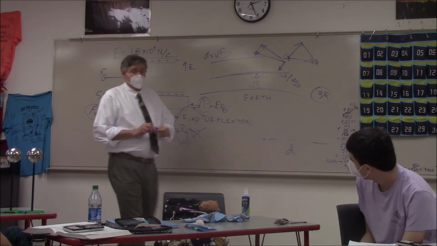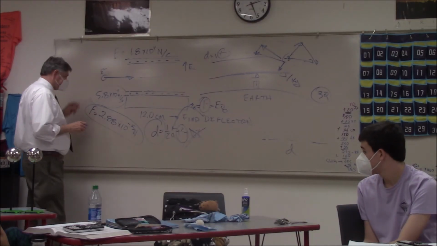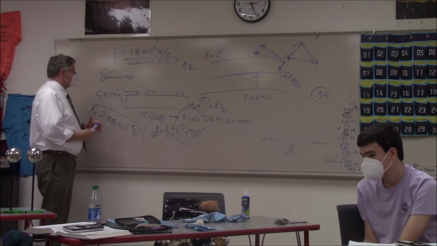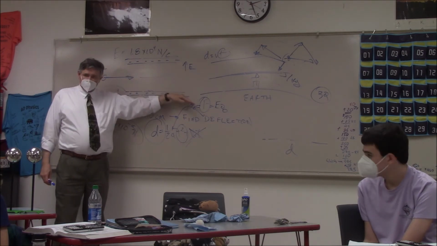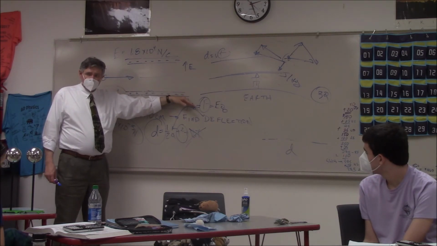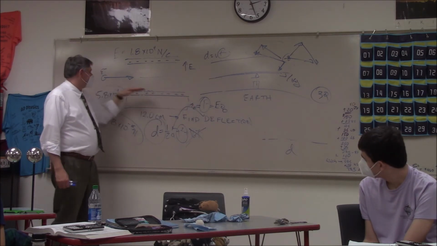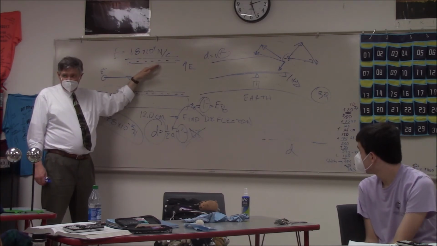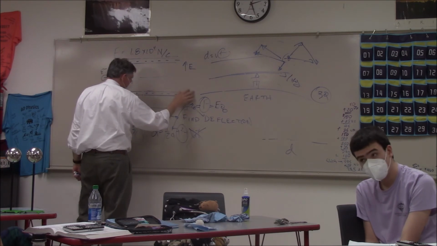Now, if it had been a proton, well, let's go back to the electron. When this electron goes between these two plates, is it going to be deflected up or down?